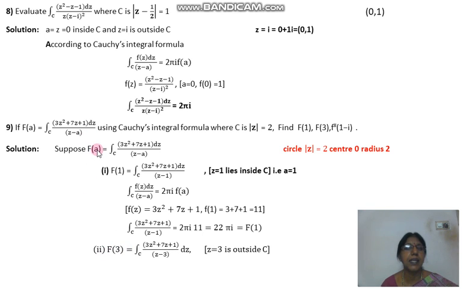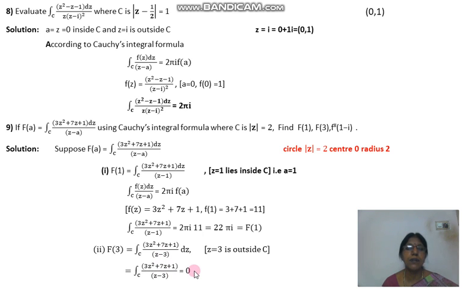What do you get? The second one, f of 3. In the denominator you get the value 3. Now this integral becomes 3z square plus 7z plus 1 by z minus 3 dz. What is a here? If we apply this formula, a is 3. Does 3 lie inside C? No, it is outside C because the radius is 2. With radius 2 and center 0, 3 comes after 2, so z equals 3 lies outside. So by Cauchy integral formula, if the point lies outside, the integral is equal to 0.